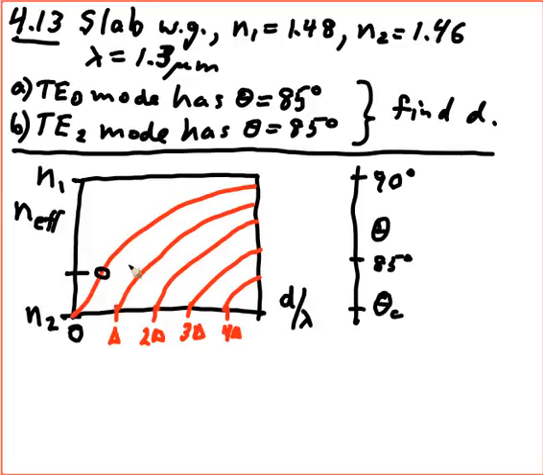And at that n effective value, we've got particular values of d over lambda for the m equals 0, 1, and 2 modes. We're interested in the 0th and the 2nd mode. So basically this problem is calculating these two d over lambda values, and of course, knowing lambda, 1.3 microns, we can find the d values that correspond to that. So that's what we're doing in this problem.